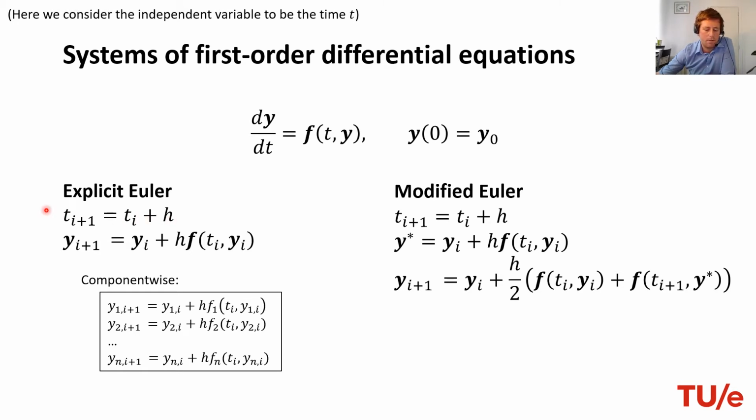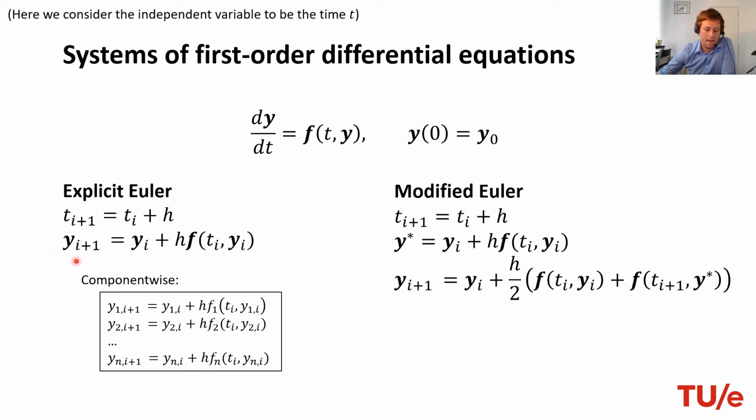Our explicit Euler formula is that, based on the current vector solution, which holds the functions y1, y2, up to yn at time step i, plus h times the vector f evaluated at ti and yi. Component-wise, that looks like this.